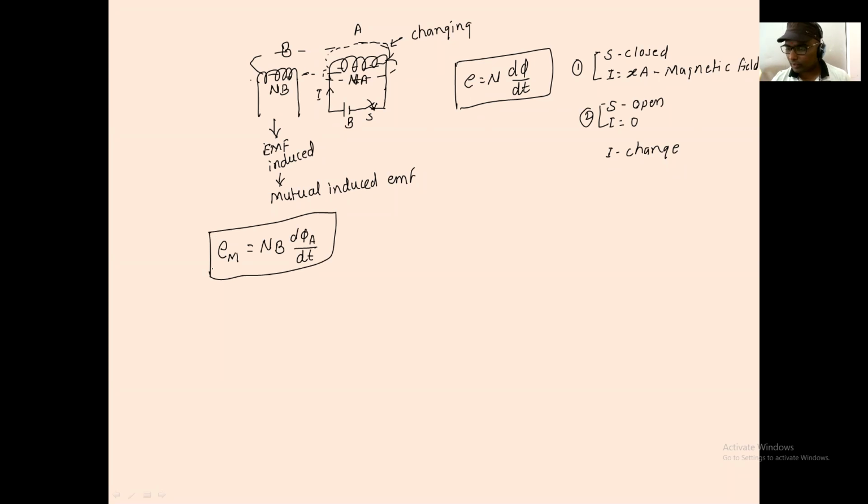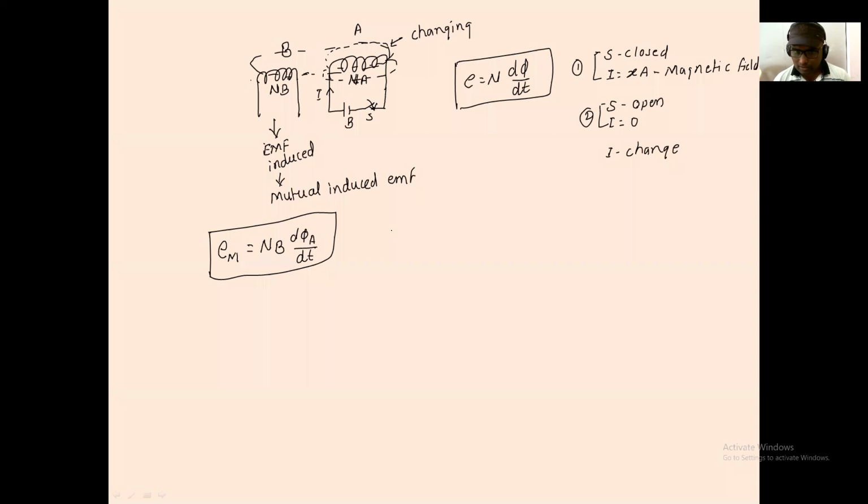Get it my point? Now I can say that here d phi A upon dt is the rate of change of flux produced by coil A, and this rate of change of flux produced by coil A links with coil B. In that, NB is the constant term.